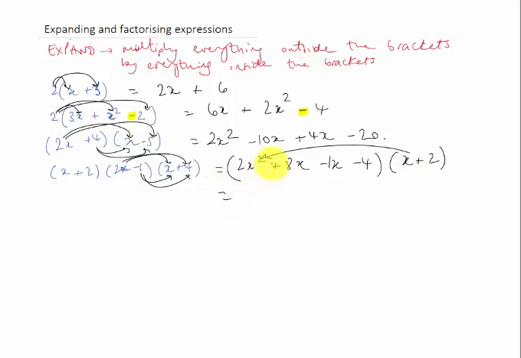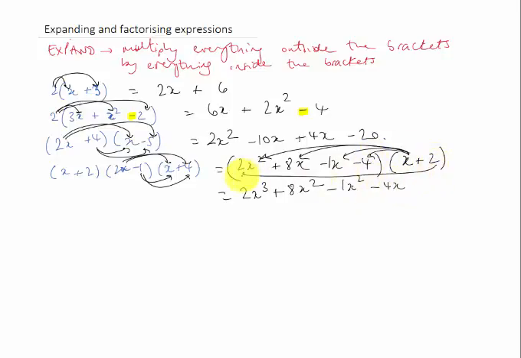So that's 2x squared times x, that gives us 2x cubed. x times 8x is 8x squared. x times minus x is minus x squared. x times minus 4 is minus 4x.